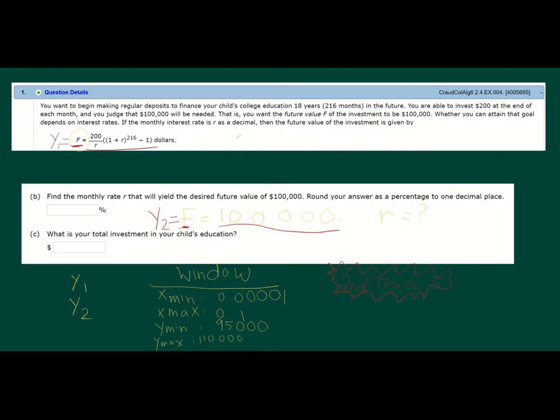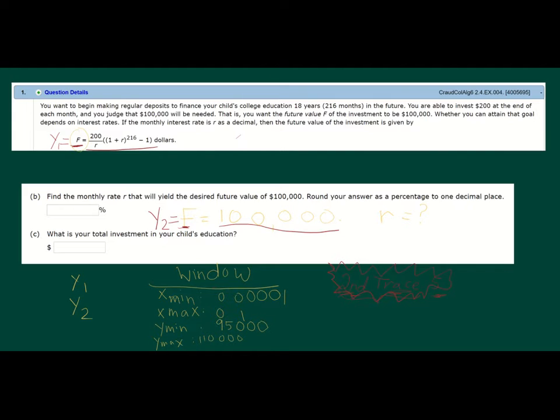Once you put something like this into your window settings, you can hit 2nd Trace, that's our calculation menu. I want you to select option 5. I know it's been a while since we've been in class, but option 5 is the intersect. So it's going to find the intersection point of those two functions.